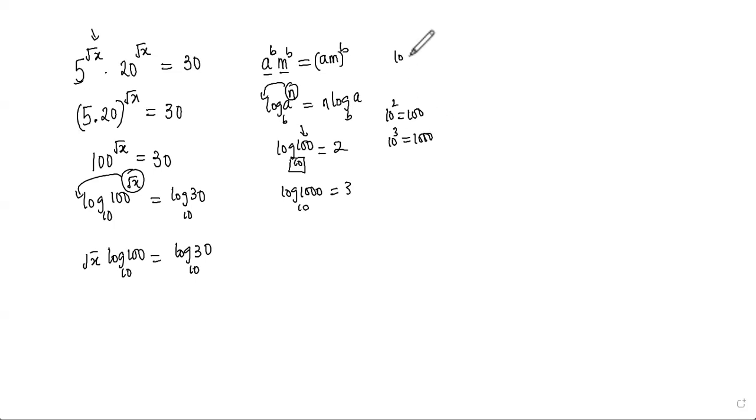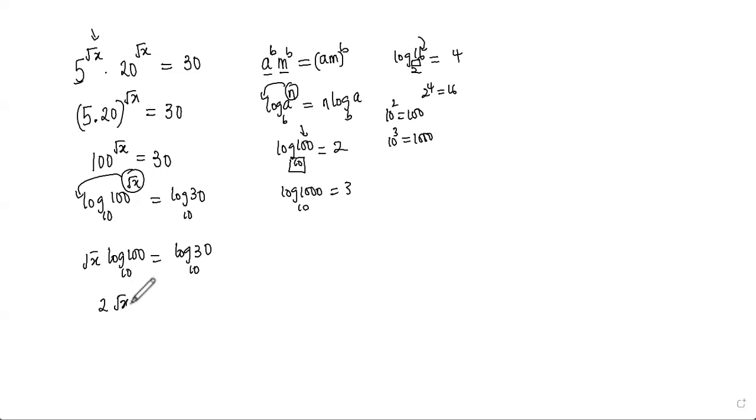Again, if I have log 16 base 2, this will be 4, because 2 to the power 4 will give me 16. So you want to look out for the power you must raise the base to get the argument or the input.